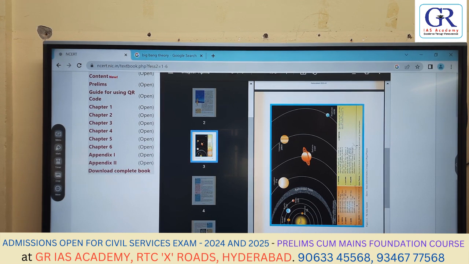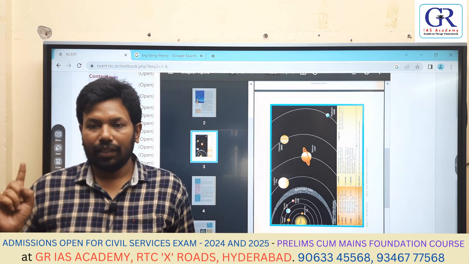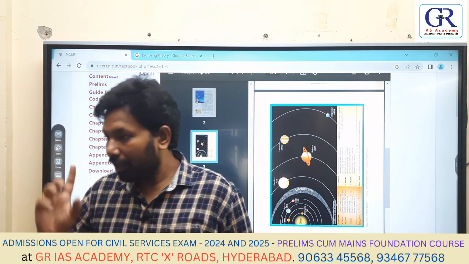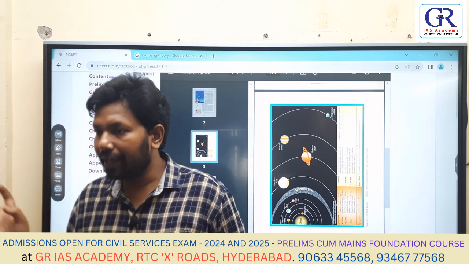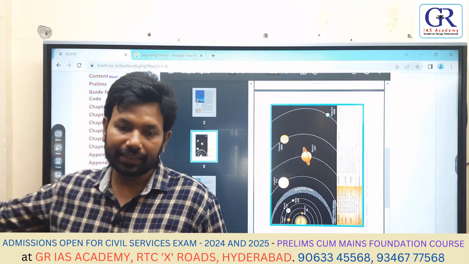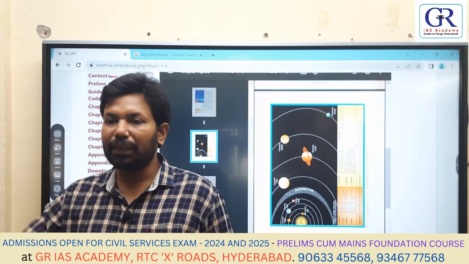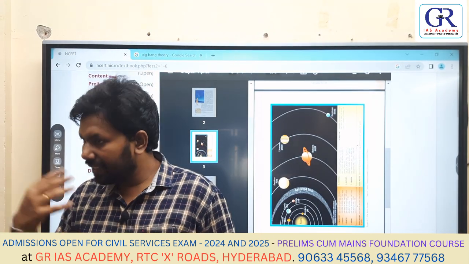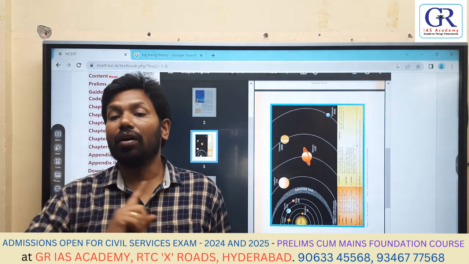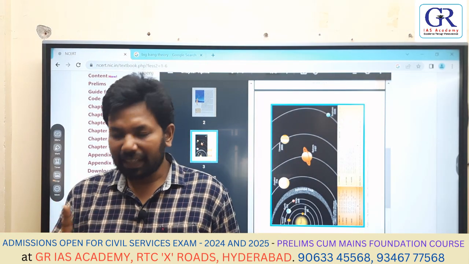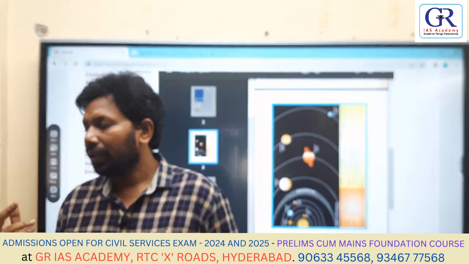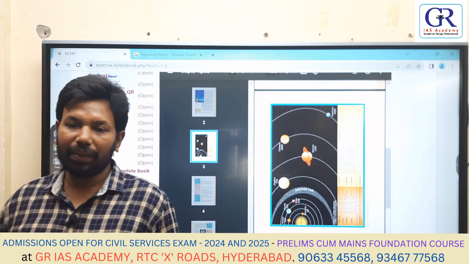Second condition, without overlapping, it should revolve around a particular space because it should not get influenced by Jupiter or Earth or Saturn or Sun or maybe others in the solar system. But Pluto gets impacted or moved as per the gravitational forces. It doesn't have a specific orbit. That's the reason it has been removed as a planet.